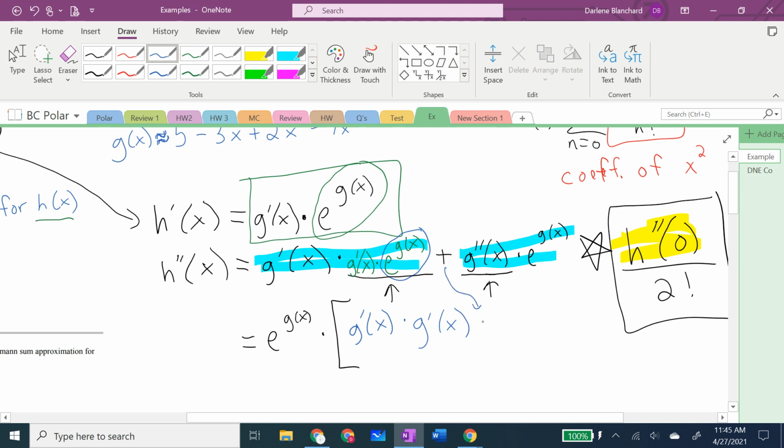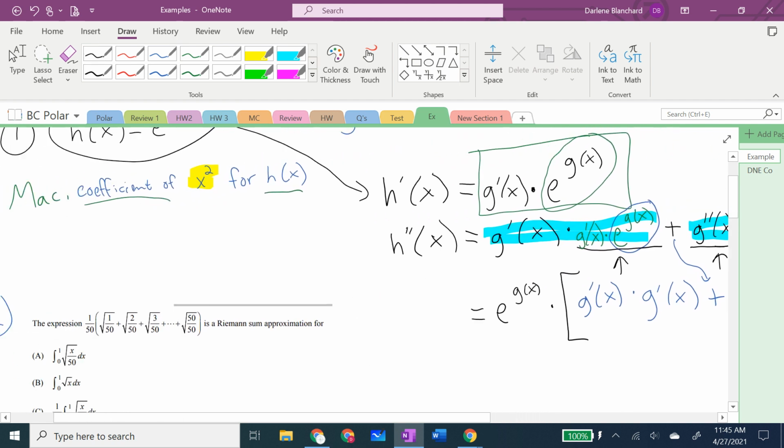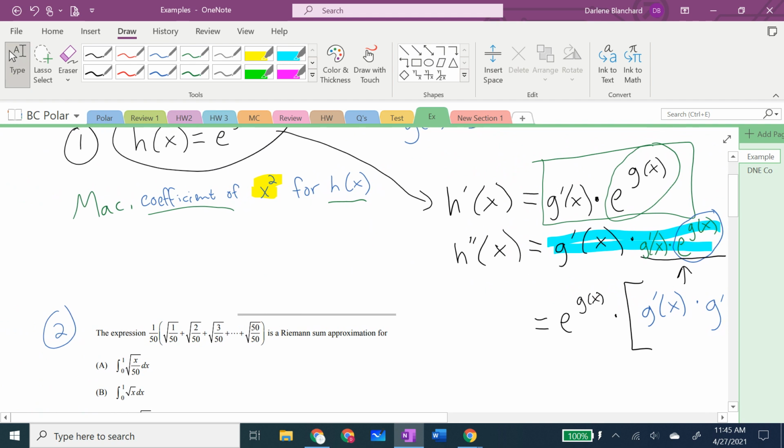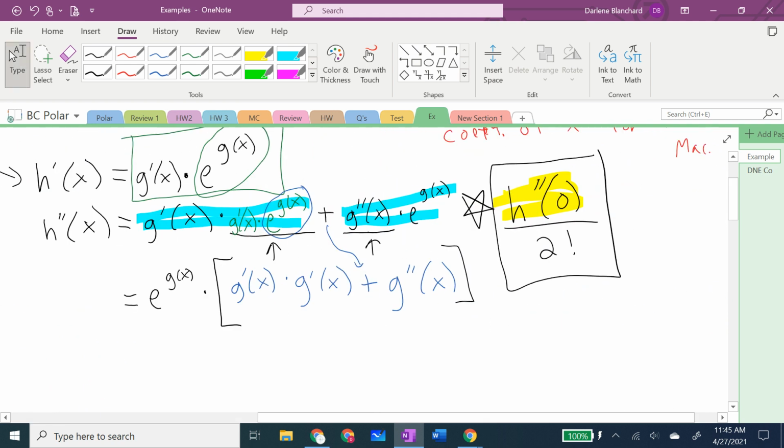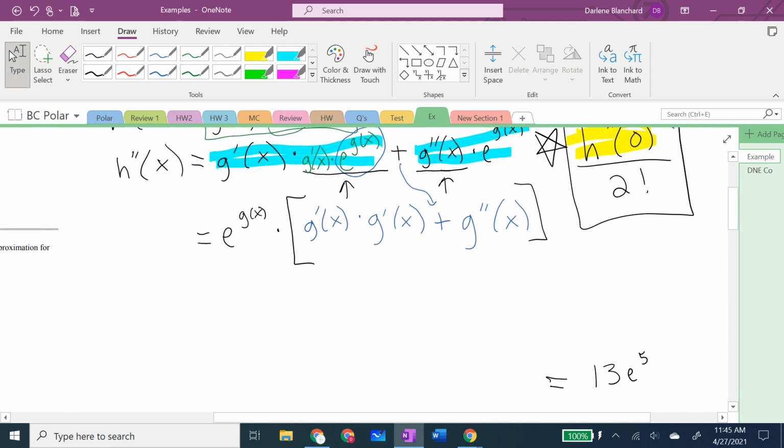Then my plus sign, and then I have g double prime of x. Now I've got a second derivative of h with respect to x. My goal was the second derivative of h at 0. So now let's plug 0 in.